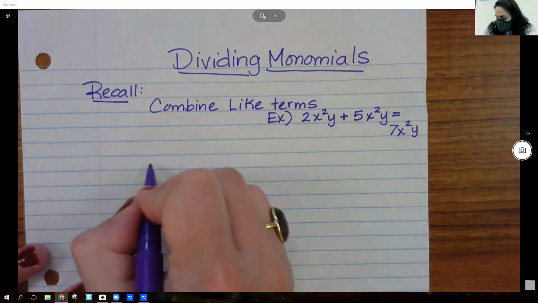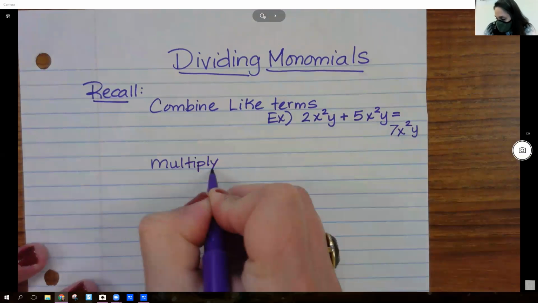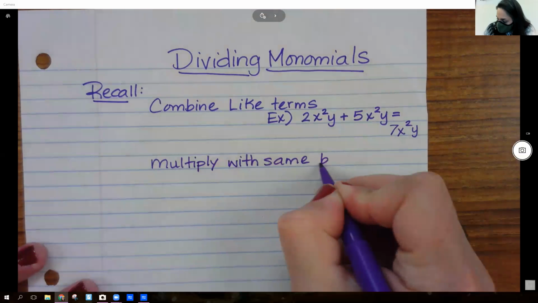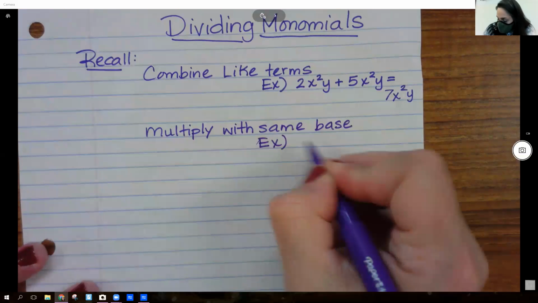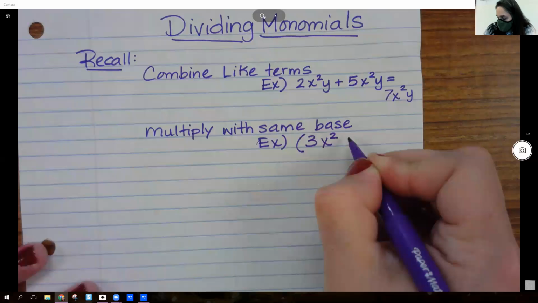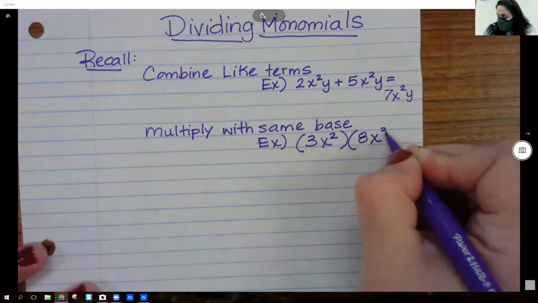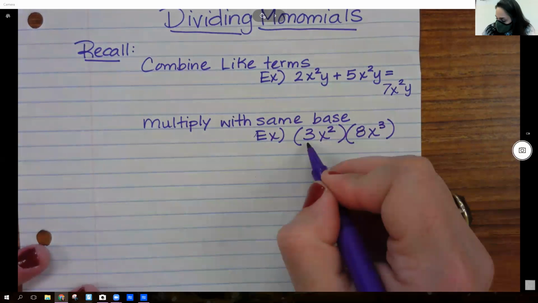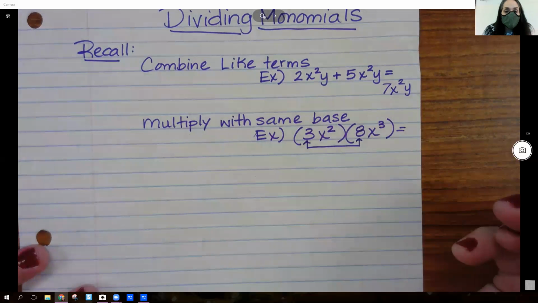We've also learned how to multiply with the same base. So for example, let's say you had 3x squared times 8x cubed. So we know how to do that multiplication. Remember, we multiply the 3 and the 8 because those are just plain old numbers, right?